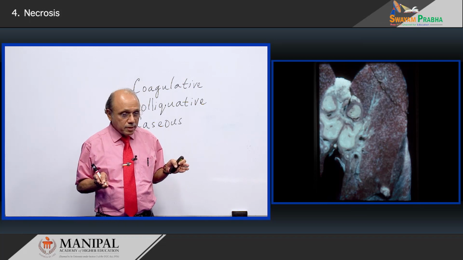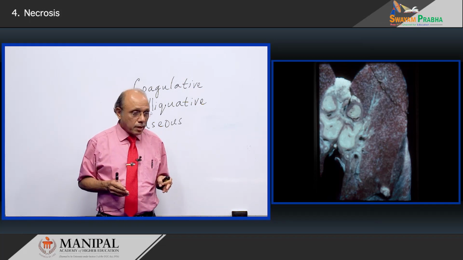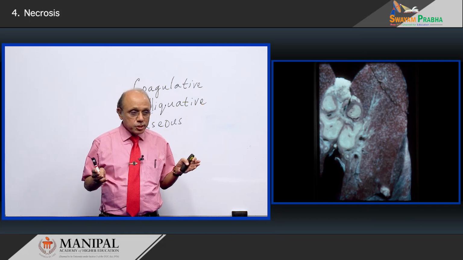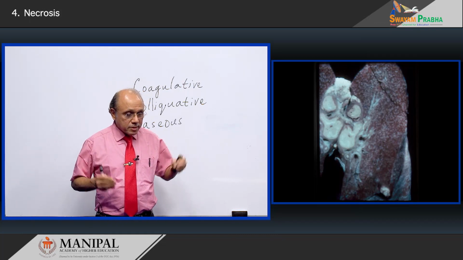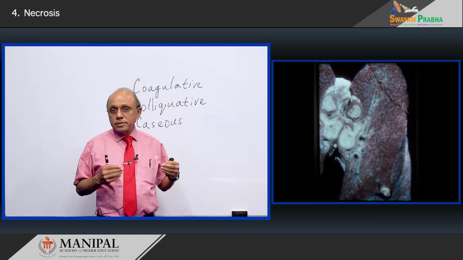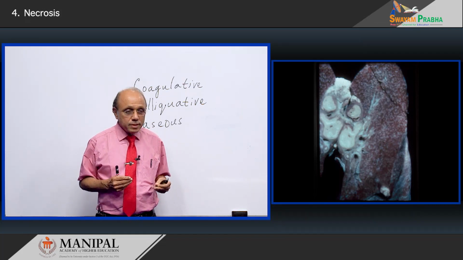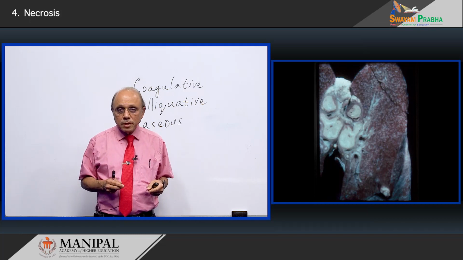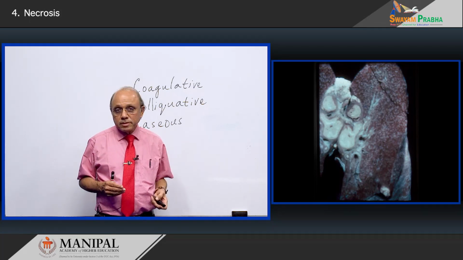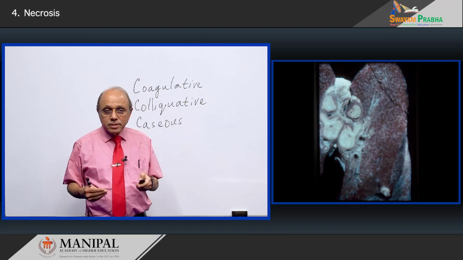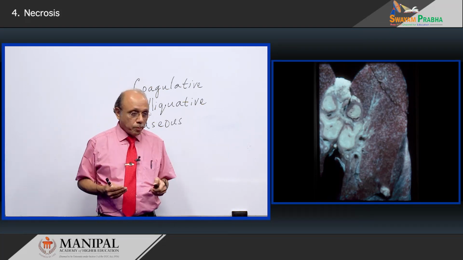And as you can see in this lung, in the hilar region, the lymph nodes are enlarged, and on cut section, though it is not as yellowish as you saw in the previous slide, in this particular instance you do find that resemblance to at least white cheese, if you may say so.